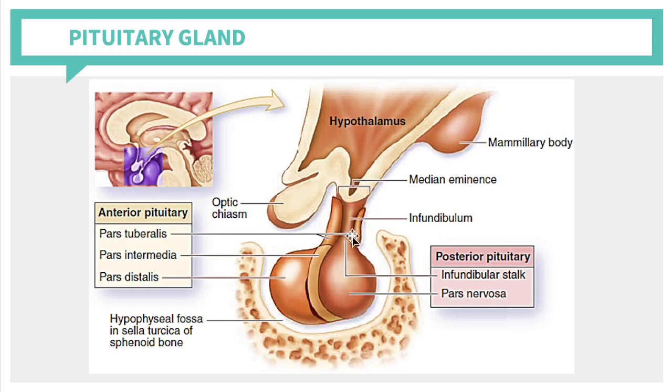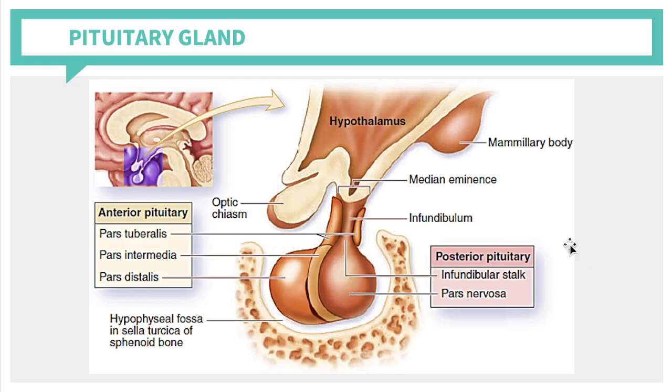Okay, this is your infundibular stalk, attaches your hypothalamus and your pituitary gland. Again, your pituitary gland is subdivided into two: the anterior pituitary gland and your posterior pituitary gland. So your anterior pituitary gland is subdivided into parts: pars tuberalis, this portion here; pars intermedia, this portion here; and pars distalis, this portion here.